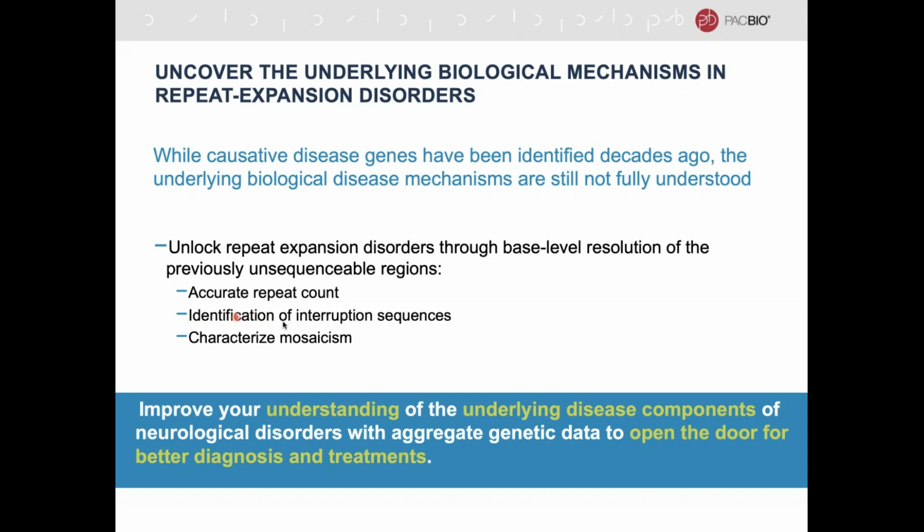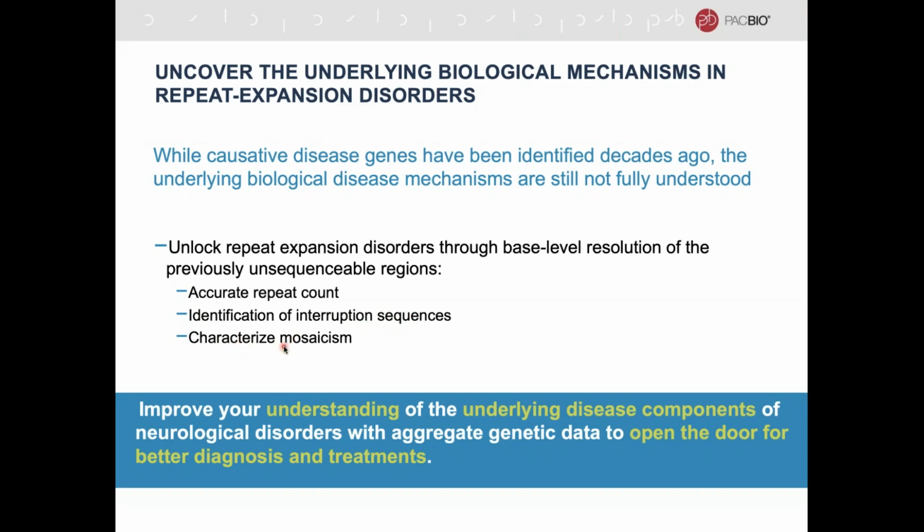And they also need to be able to identify all these interruption sequences. For some disorders, there's some evidence already of it, but for many, it still remains a question how they affect that disorder. And then lastly, but not least, they also want to look at mosaicism of the expanded allele.